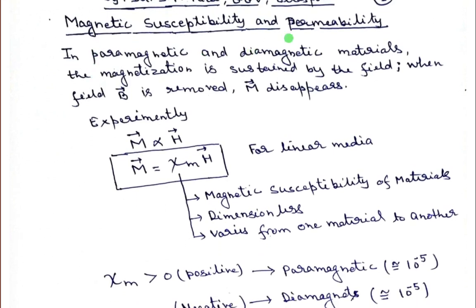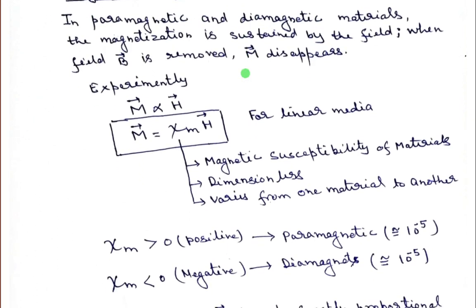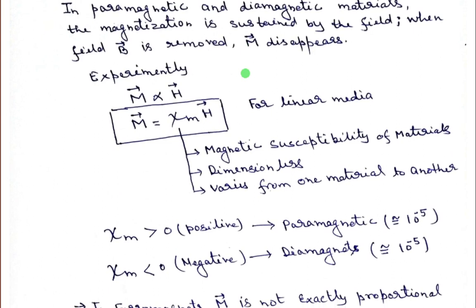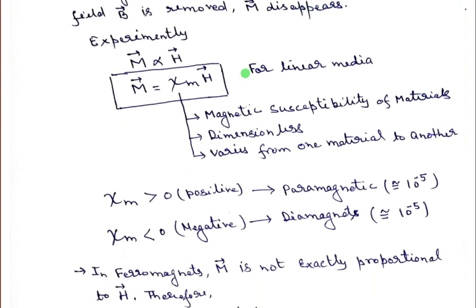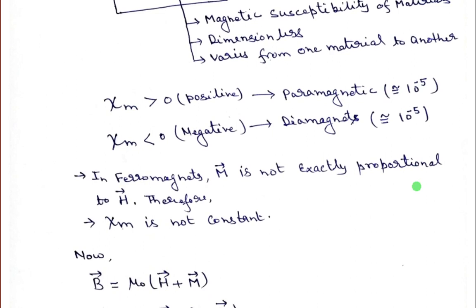Similarly, the diamagnetic property comes because of the orbital current. In diamagnetic material, when you apply the magnetic field, the direction of the current changes opposite to the direction of the magnetic field. That is why for diamagnetic material chi is negative, and for paramagnetic material chi m is positive. The order of chi m is quite similar, and it depends on the material.